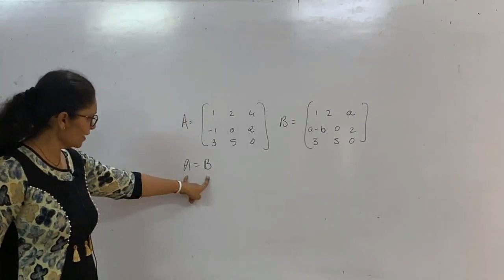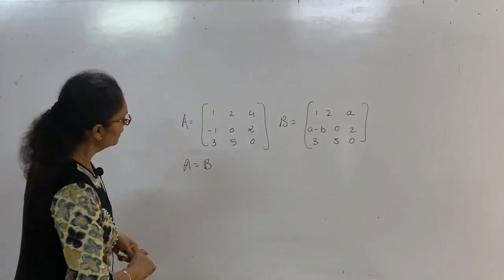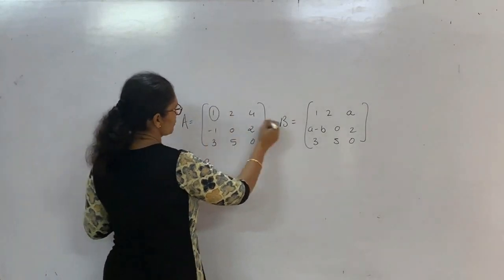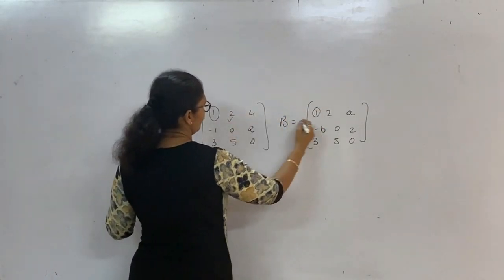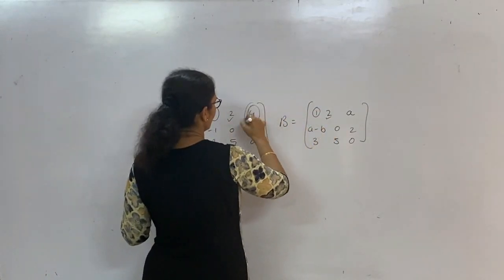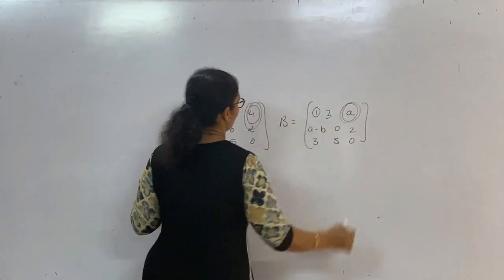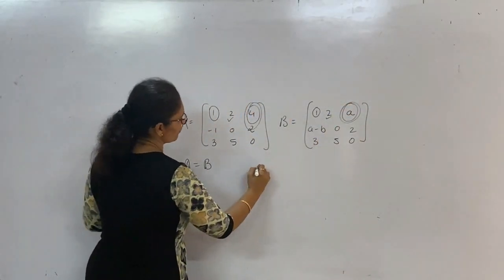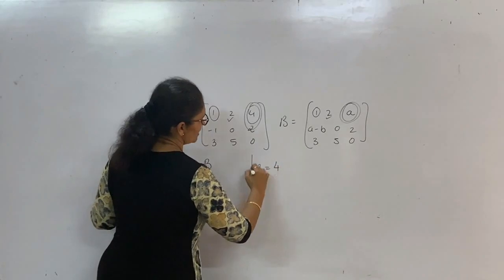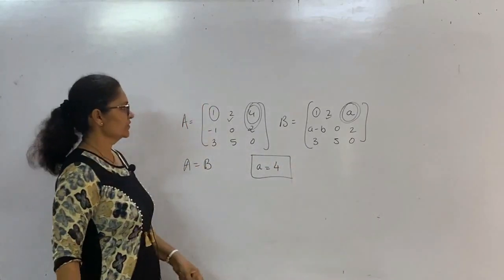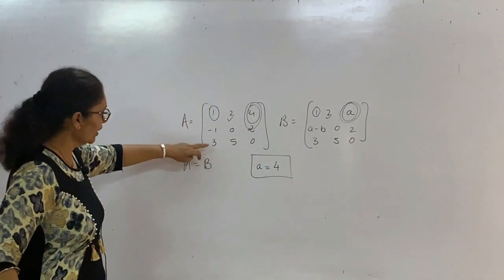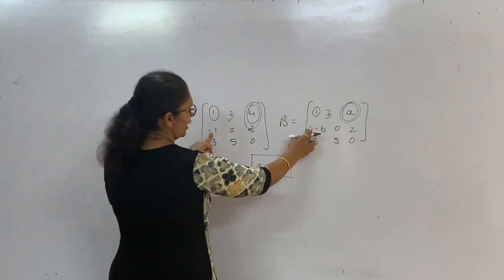If both are the same, what condition did we learn? That we have to compare first with first, second with second and third with third. So from the third we get the first value, that A is 4. Simple question, the first one. Okay, now for the second one we have to find B also.